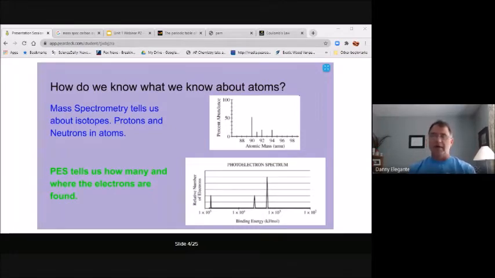And then the bottom axis, the x-axis, the binding energy, that tells us about how much energy it takes to knock them loose. The bigger the number, that means the more tightly held those electrons are to the nucleus. So mass spectrometry tells us about the nucleus. Photoelectron spectroscopy tells us where the electrons are and how many there are.